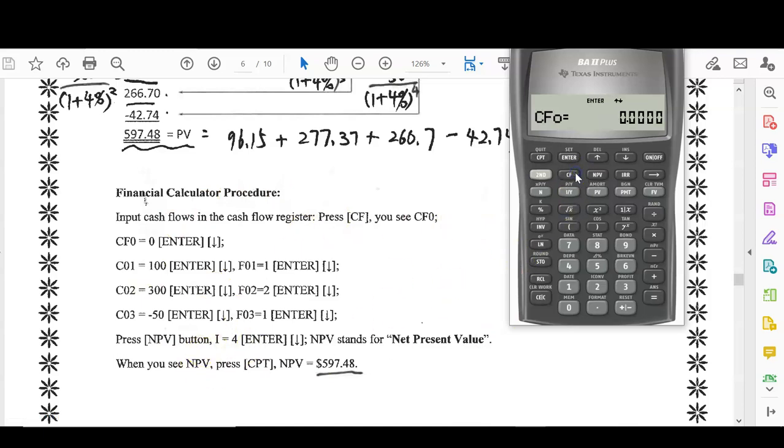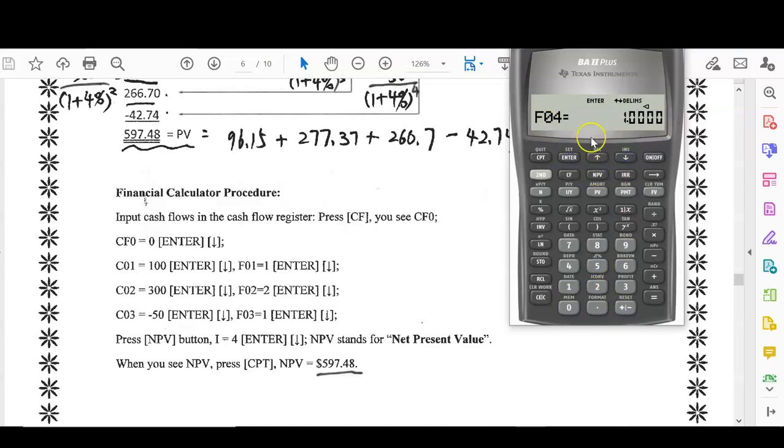An alternative way to input cash flows here is that we can actually input all the frequencies as 1. So for example, cash flow 100, frequency 1. But for this second cash flow, 300, if you want to keep its frequency as 1, enter. Then when you go to cash flow 3, you have to input 300 again. Enter, down button. Frequency 1, down button. Cash flow 4 would be -50.